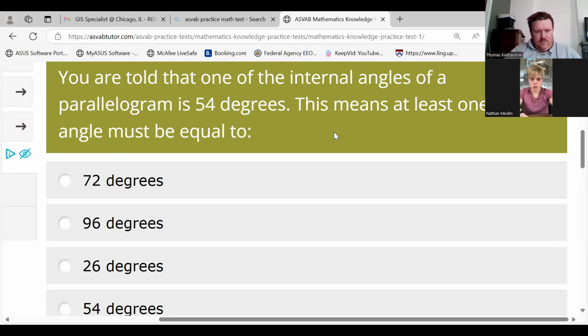What is a parallelogram? A parallelogram is almost two half triangles.